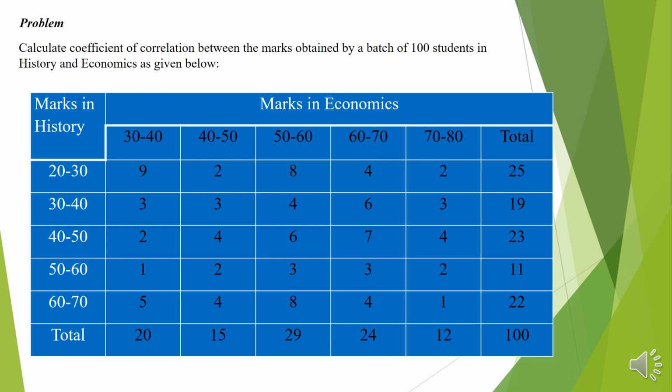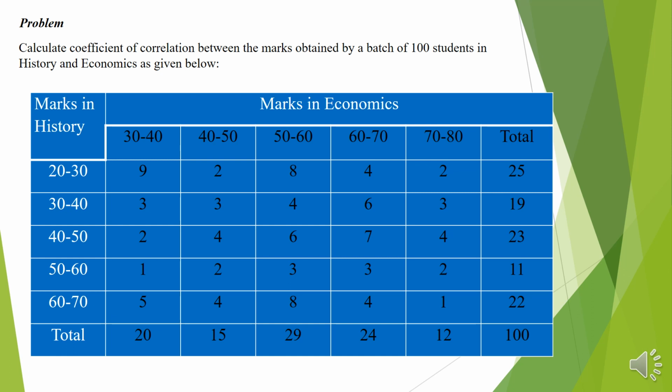In economics 60 to 70, there are 4 students, and 20 to 30 in history and 70 to 80 in economics, there are 2 students. So the total number of students who have scored between 20 to 30 in history is 25.